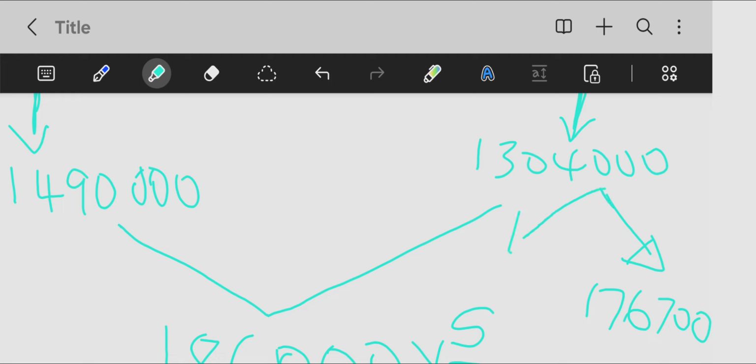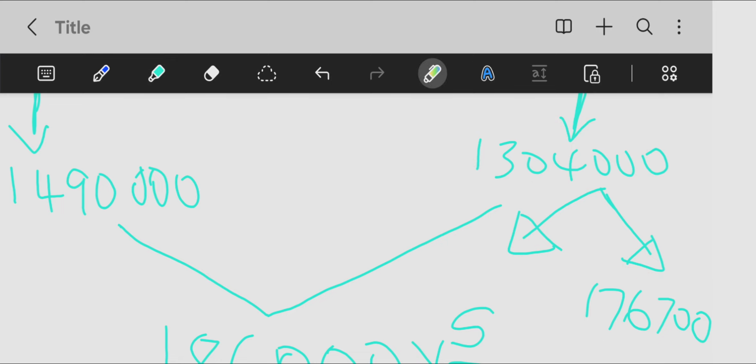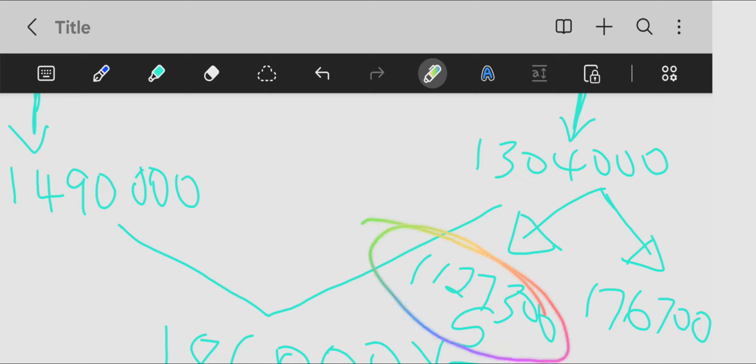So what is remaining is what we are going to pay in more than 12 months, which is going to be our non-current. Then we say this minus this. 1,304,000 minus 176,700. You get your 1,127,300. So this is going to sit in your non-current liabilities.